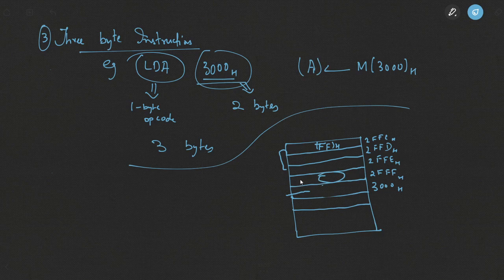A program will consist of a number of instructions. Say for example you are first doing MVI A, 32H, then you're moving this data to B, fine. Then you can again move this data back to somewhere else, or you can add this data. So each of these opcodes needs to be written on the memory locations.